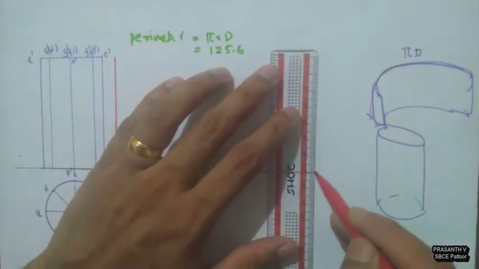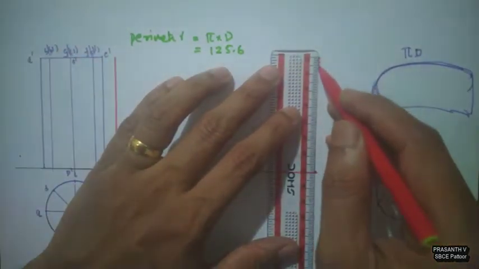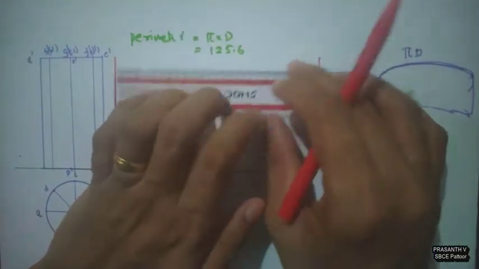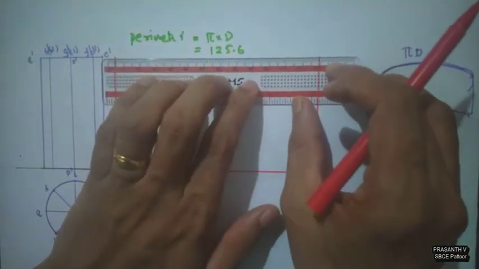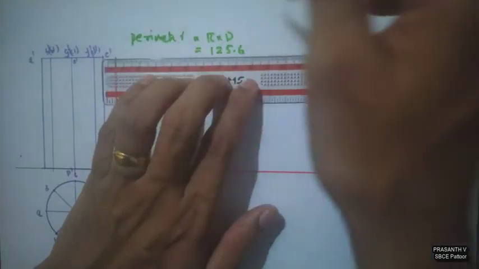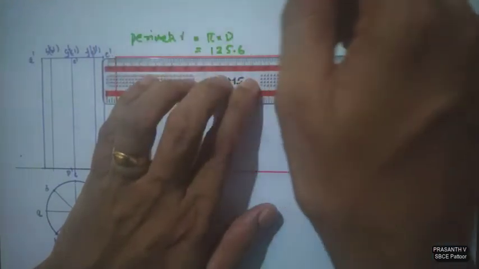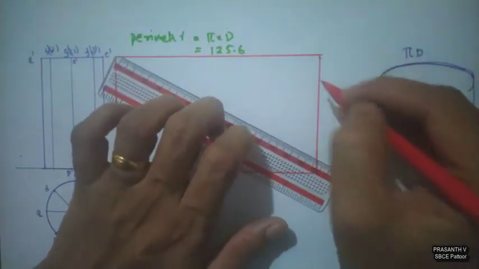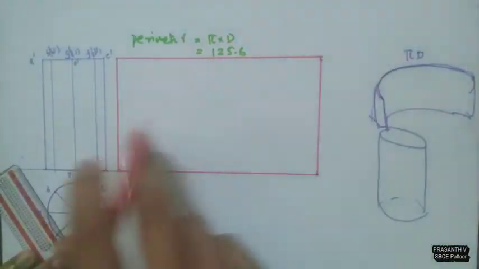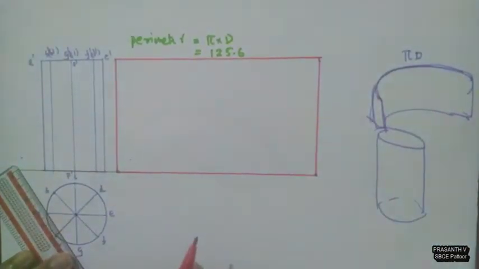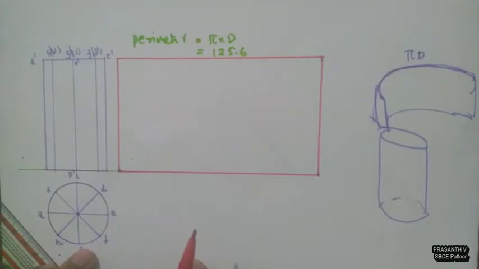Just complete the rectangle. So this is the development of the cylinder of radius 20 mm.